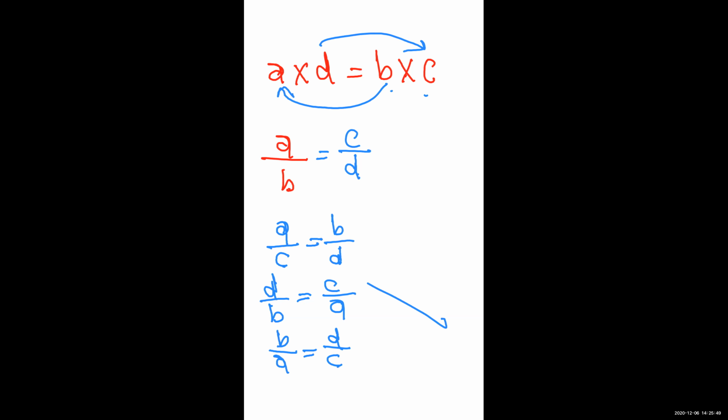Okay, so let's solve one example. If x plus 3y over 2x minus y equals 4 over 3, then find x to y.